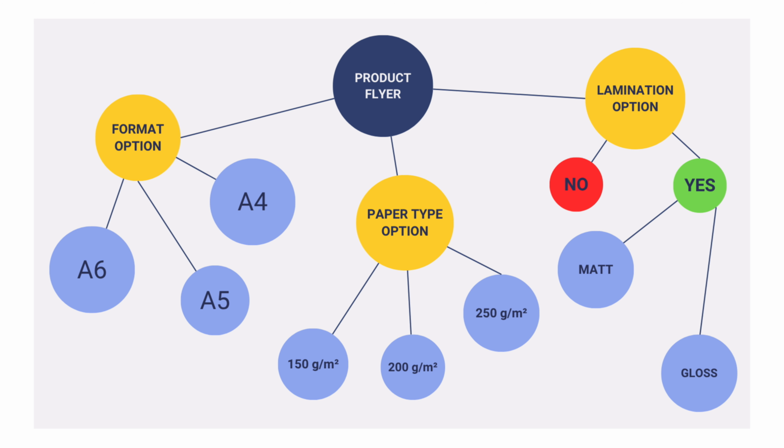The format option has 3 values, A6, A5, and A4. The paper type option will also have 3 values, 150 grams per square meter, 200 grams per square meter, and 250 grams per square meter. The values of the lamination option will be no or yes, without lamination and with lamination, and the type of lamination in the case of yes, matte or gloss.